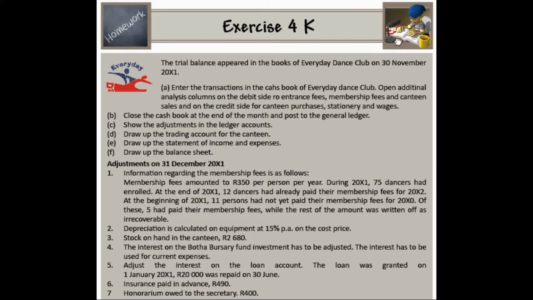What does the adjustment say? It says the 20,000 was repaid on the 30th of June. In other words, for the first 6 months of the year, the loan was 30,000. So we're going to calculate 30,000 times 20% for 6 months, and that gives us 3,000 Rand.